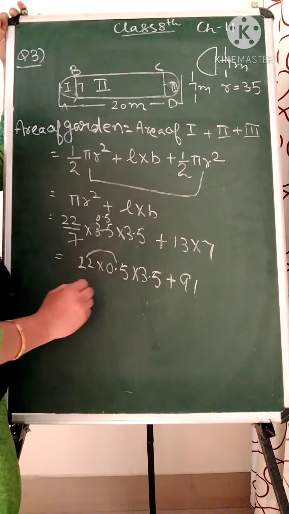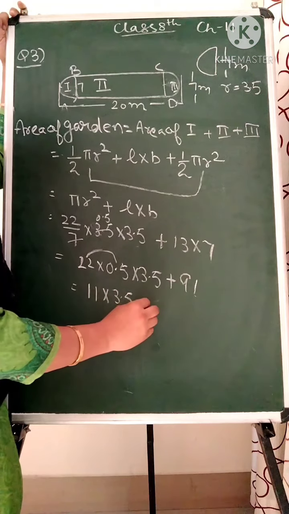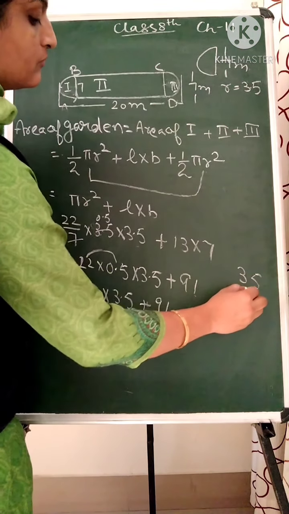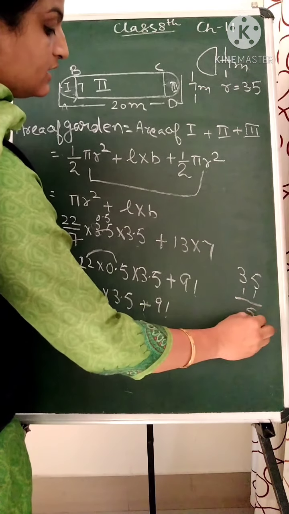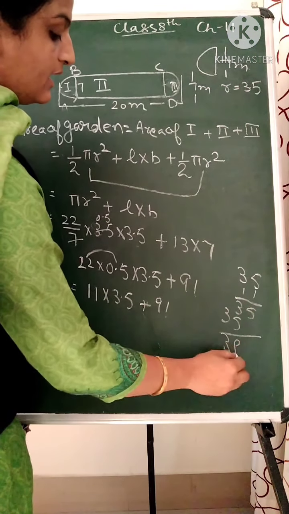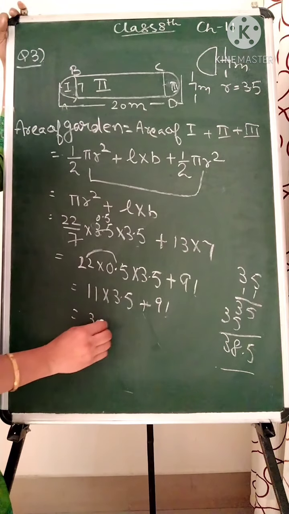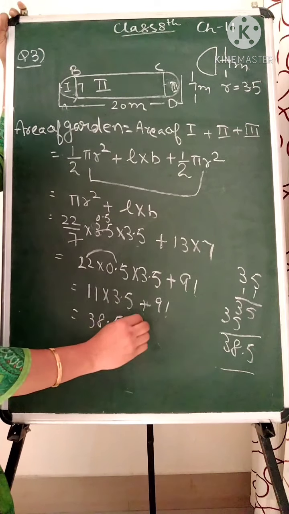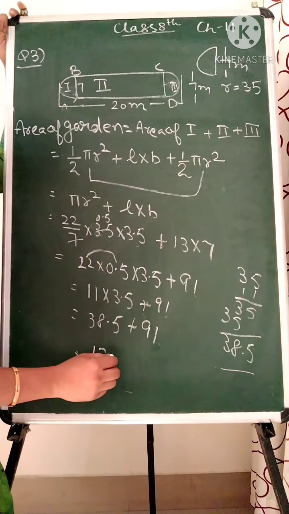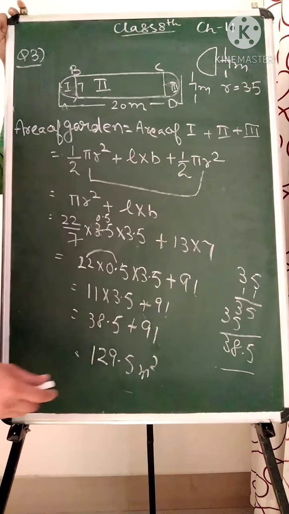So 11 multiplied by 3.5 plus 91. 35 multiplied by 11 is 385. Put a decimal after one digit. That is 38.5 plus 91. Add it, you get 129.5 meter square. Clear, bache?